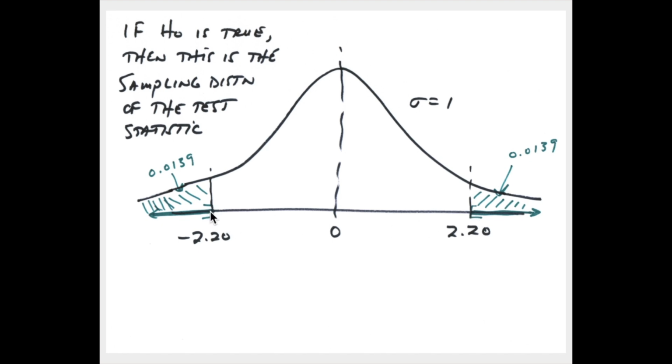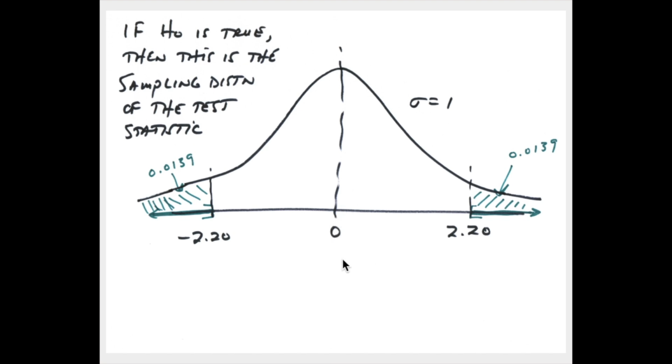We're going to calculate the probability of observing a value of zcalc either at or to the left of negative 2.2, somewhere out in this tail, and we're going to compute that probability under the assumption that the null hypothesis is true. Again, if the null hypothesis is true, the distribution of zcalc is this normal curve centered at 0 with a standard deviation of 1.